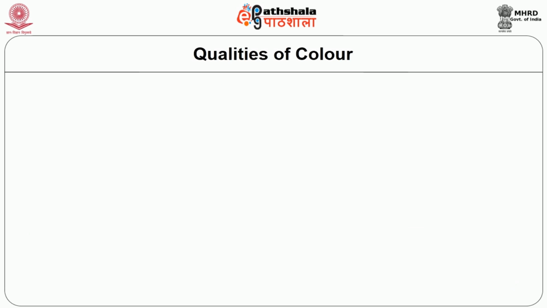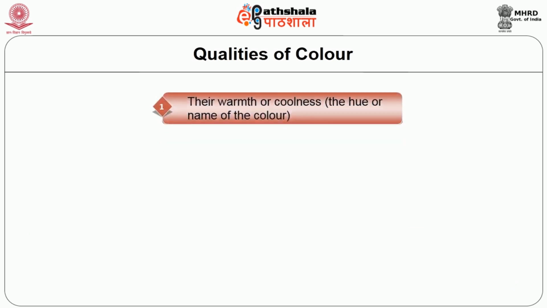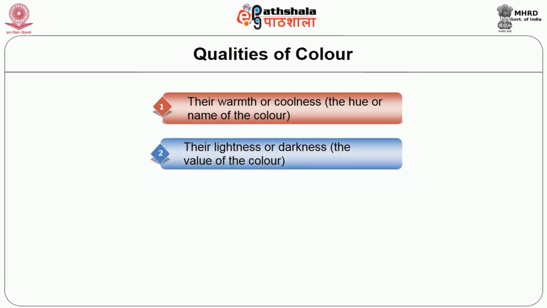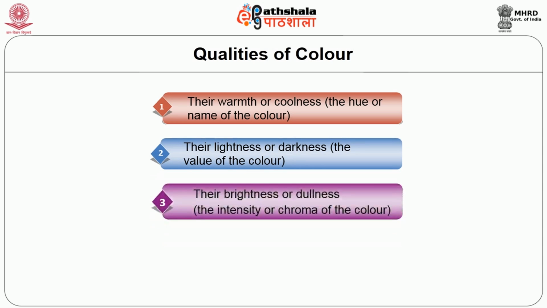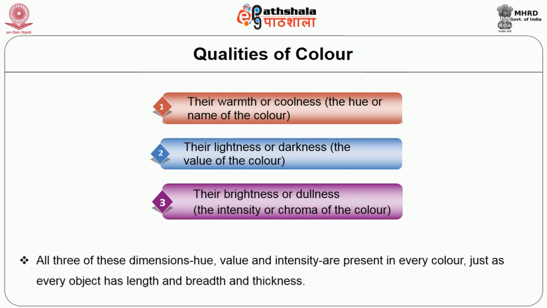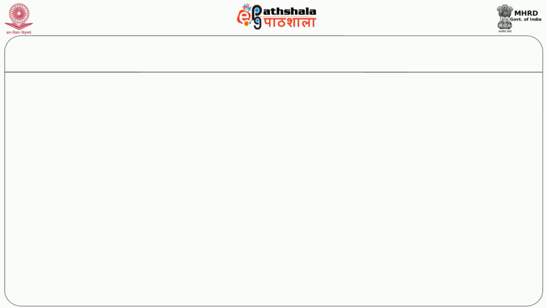First one is their warmth or coolness, that is the hue or name of the color. Second one is their lightness or darkness, that is the value of the color. Third one is their brightness or dullness, that is the intensity or chroma of the color. All three of these dimensions, hue, value and intensity, are present in every color, just as every object has length and breadth and thickness. Let's see one by one.